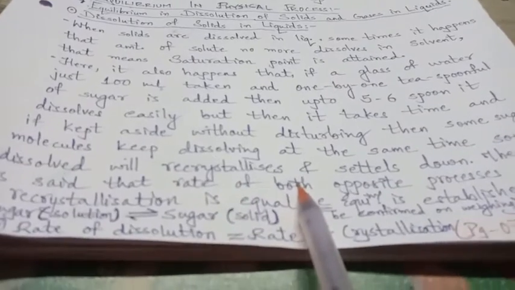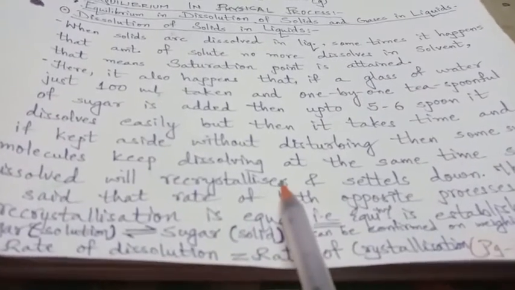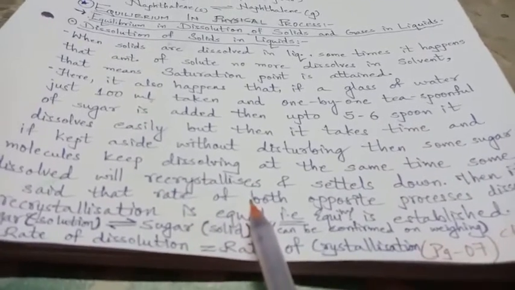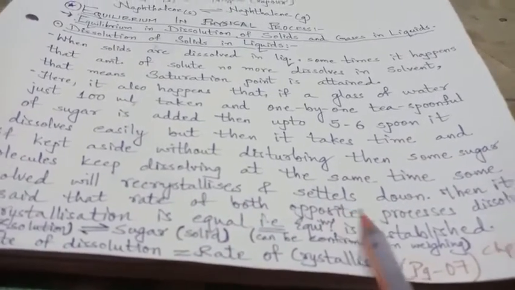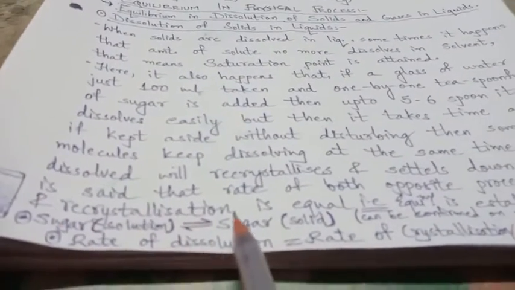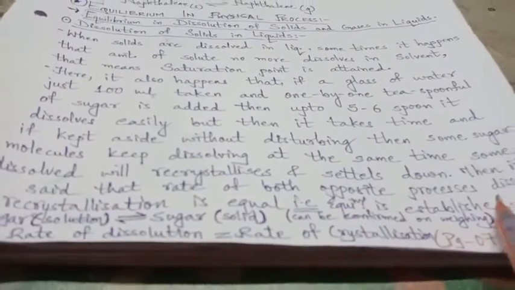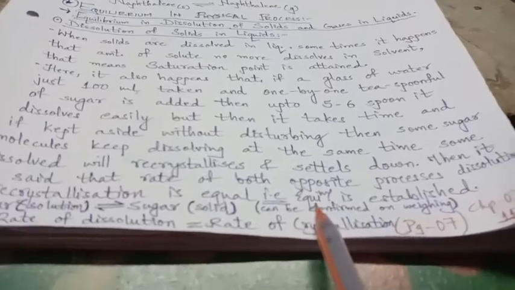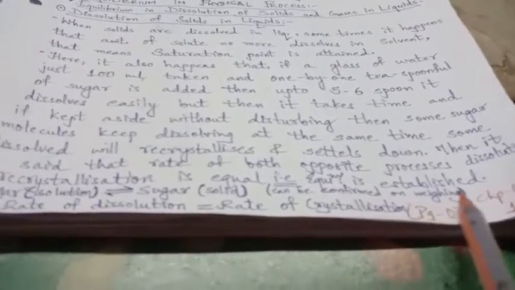That means what was undissolved will start dissolving, and what was dissolved will start recrystallizing. So two processes take place simultaneously. Then it is said that the rate of both opposite processes, dissolution and crystallization, is equal, and here the equilibrium is established, right?